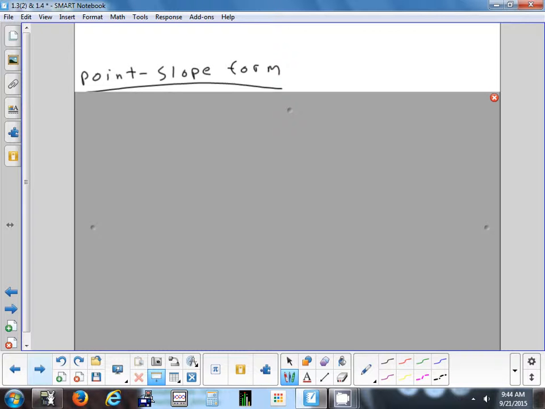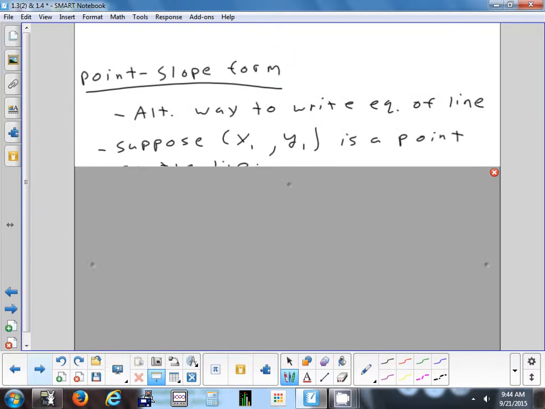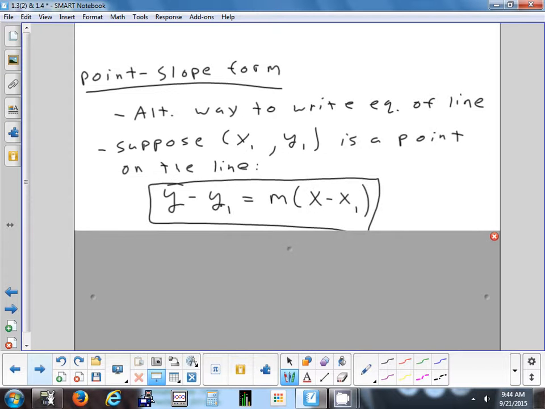One other form that sometimes we use is point slope. It's helpful if I give you a point and I give you a slope, and I say find the equation that would go through the point that I gave you with the slope that I gave you. And it says y minus y1 equals m times x minus x1.